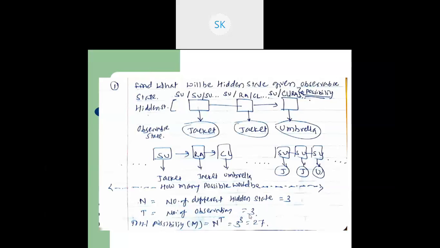And the total number of observations equals three. Observation one is jacket, second is jacket, third is umbrella. The total possible sequences is n raised to t, that is 3 raised to 3, total 27. So our answer is that the total possible sequences of hidden states are 27.